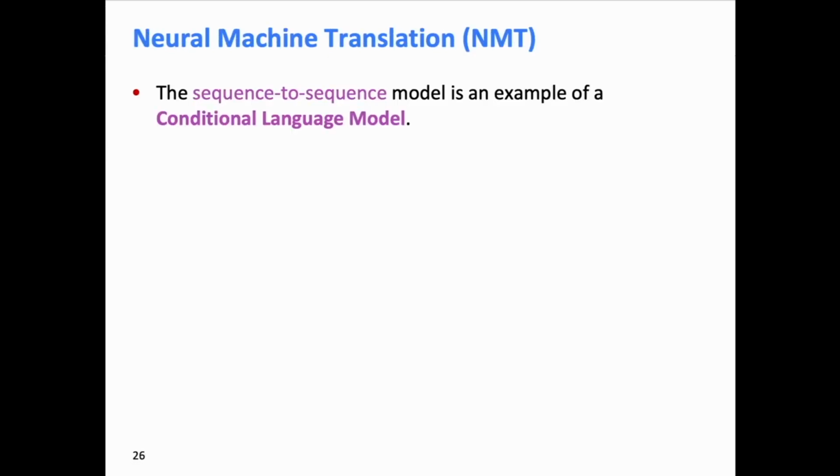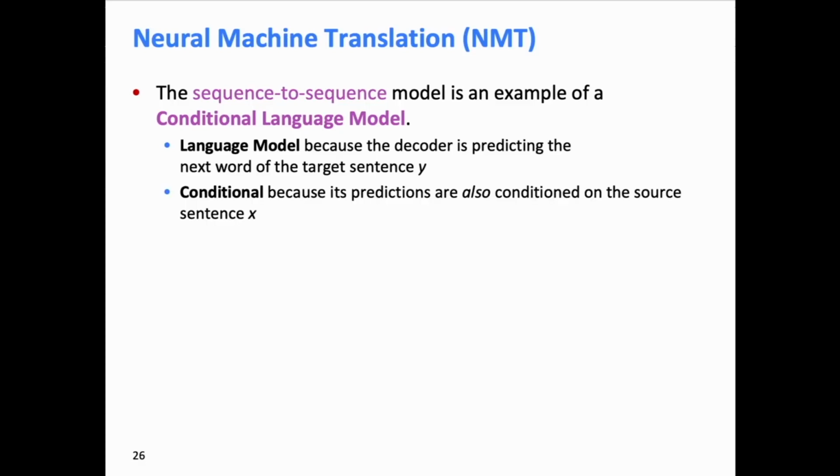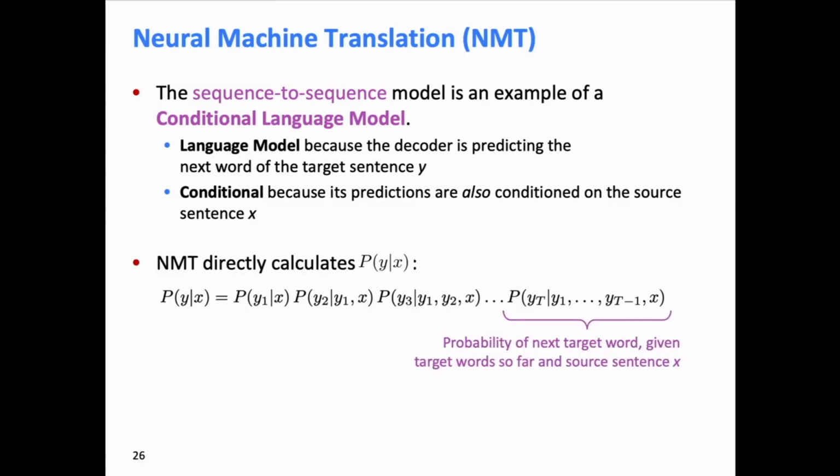Okay, so to recap, Seq2Seq is an example of a conditional language model. It's a language model because the decoder is a language model that's predicting the next target word. But it's a conditional language model because it's also conditioning on your source sentence, which is represented by the encoding of the source sentence. So you could view it like this.